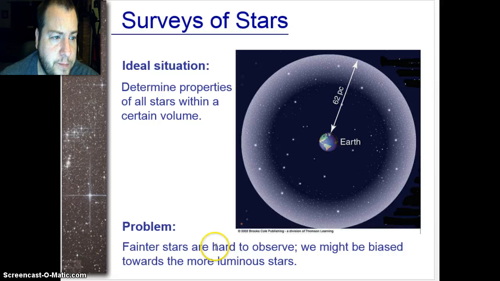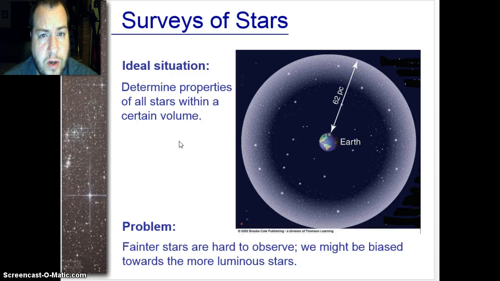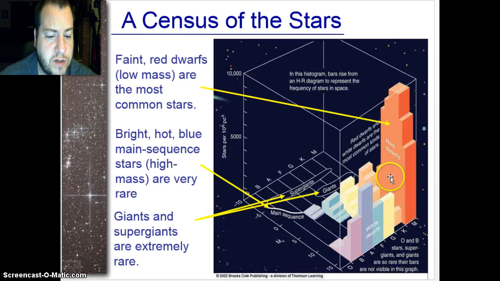The problem we have with saying this X number of stars are blue supergiants, X number are red giants, X number are main sequence, and X number are red dwarfs, is that we are slightly biased towards those brighter stars. Brighter stars are a lot easier to observe, and that's important to remember as we do a survey of stars.